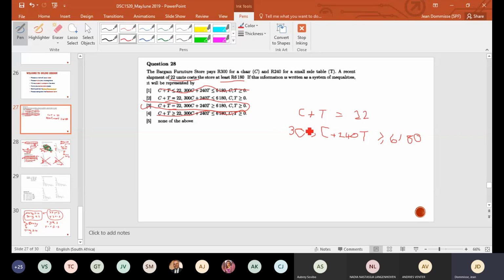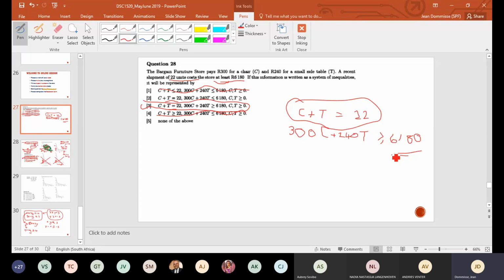Okay, so it was not as tricky as I thought. There are 2 or 3 systems of inequalities, but for me it's the first time that I nearly see something that is equal to, because I'm normally looking for smaller or equal to or bigger or equal to. And remember the other thing that was important here, at least means that it's bigger or equal to.